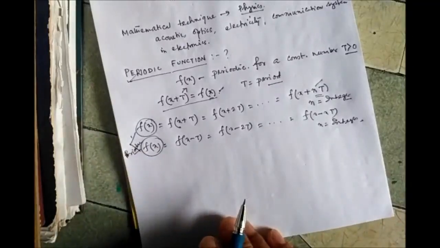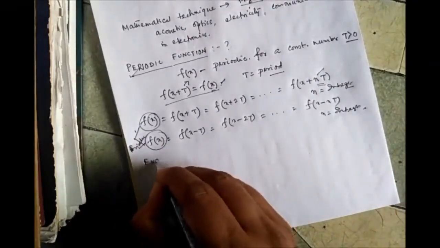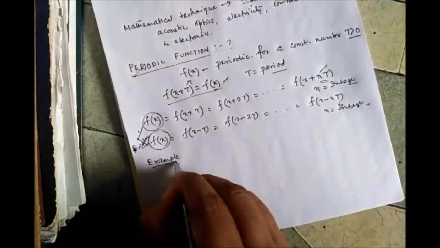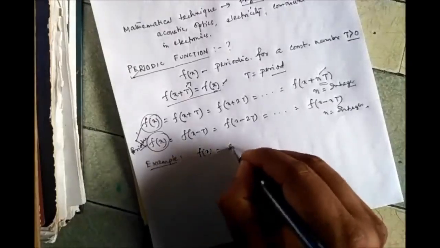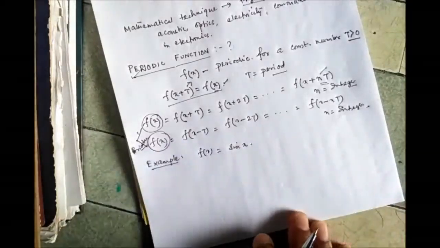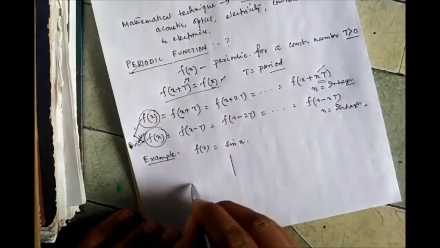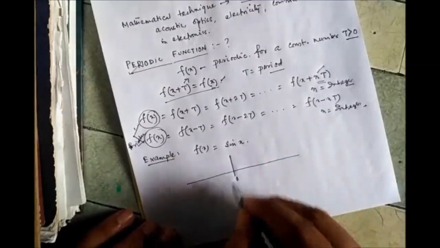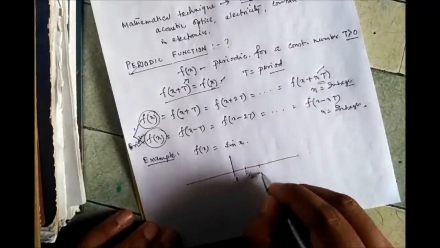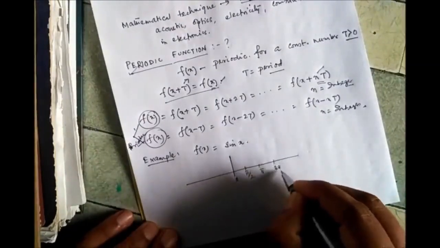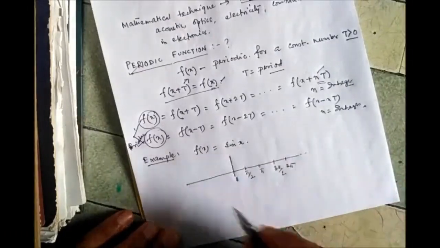Now, for an example of a periodic function, I can use f(x) as sin x. So what is the curve of sin x? This is 0, this is pi by 2, this is pi, this is 3 pi by 2, this is twice pi, and so on.